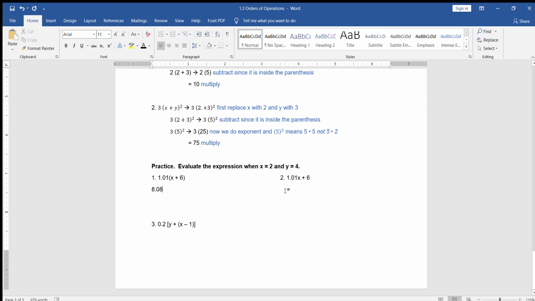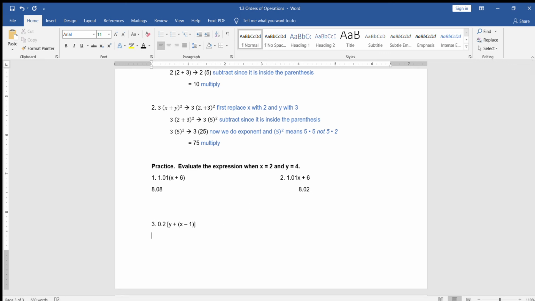Number 2, 1.01. So for 2, you're supposed to get 8.02. You're going to multiply 1.01 with 2, because x becomes 2, and then you're going to get 2.02, but you're just going to add 6 to that, so you're going to get 8.02.